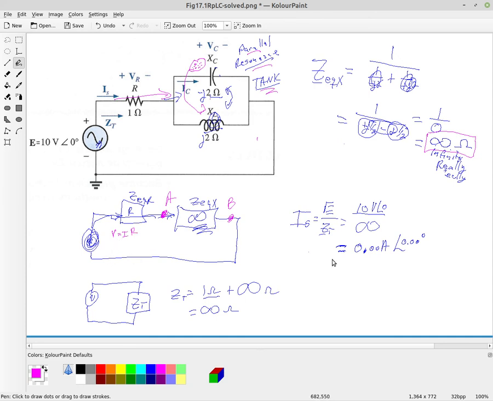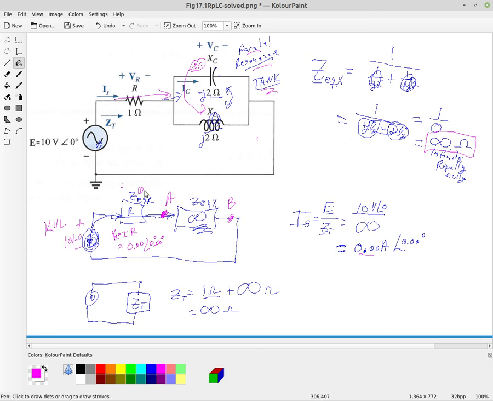And so if the current is 0, then the voltage drop, VR, is simply 0. So the voltage drop there is 0 volts at an angle of 0.0 degrees.